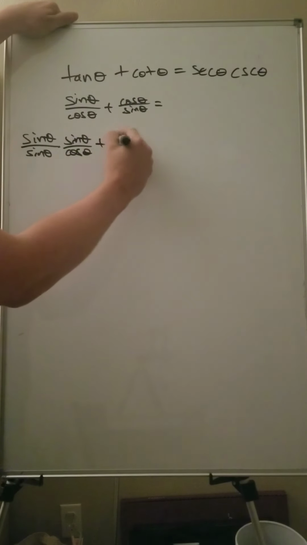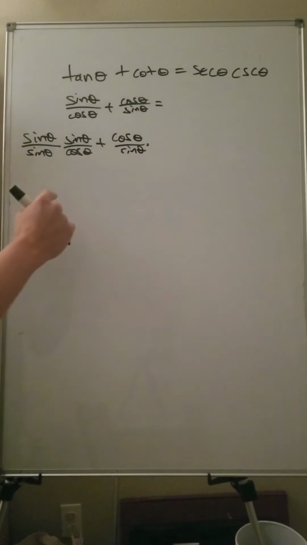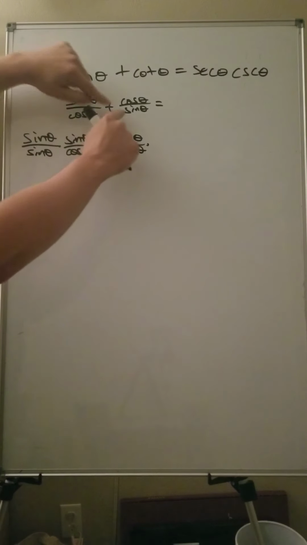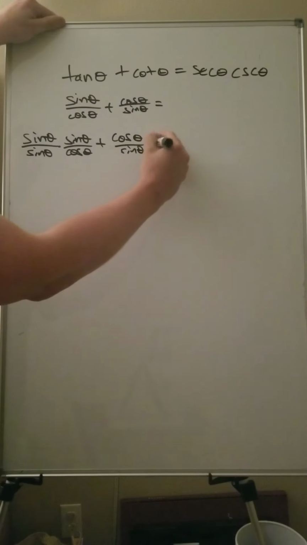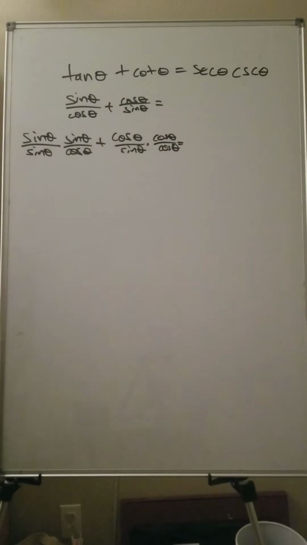I have cosine theta over sine theta. This had cosine already, so it needed the sine. This already has sine, so it needs the cosine. So I need to multiply by cosine of theta over the cosine of theta.